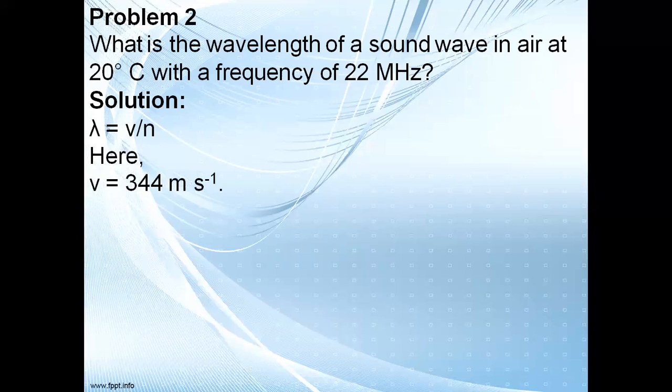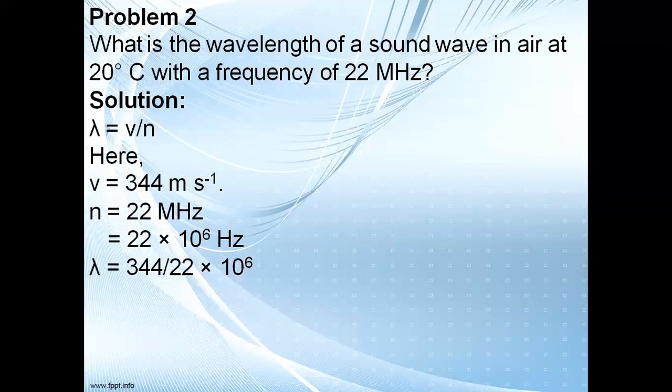V equals 344 m s power minus 1. n equals 22 megahertz, converted into hertz, 22 into 10 power 6. Substituting into the formula, lambda equals 344 divided by 22 into 10 power 6.